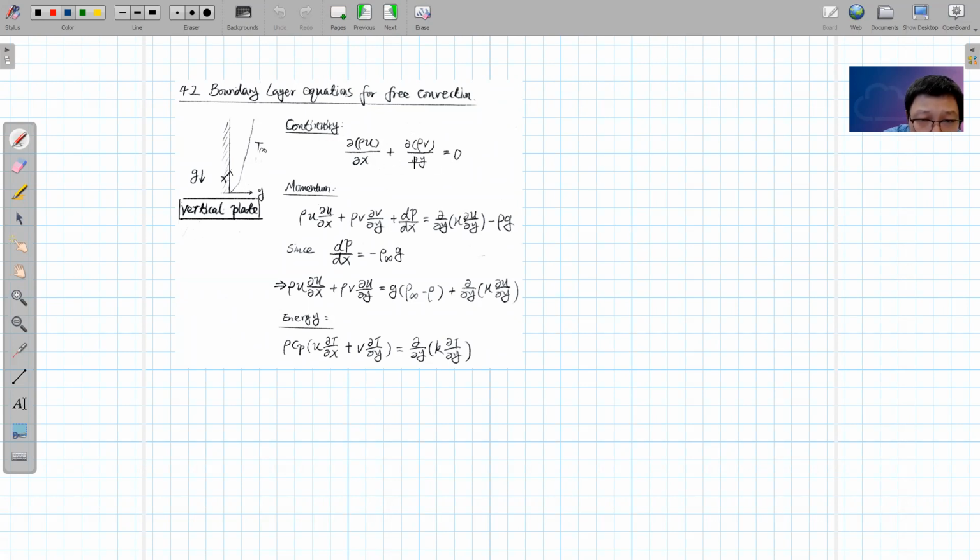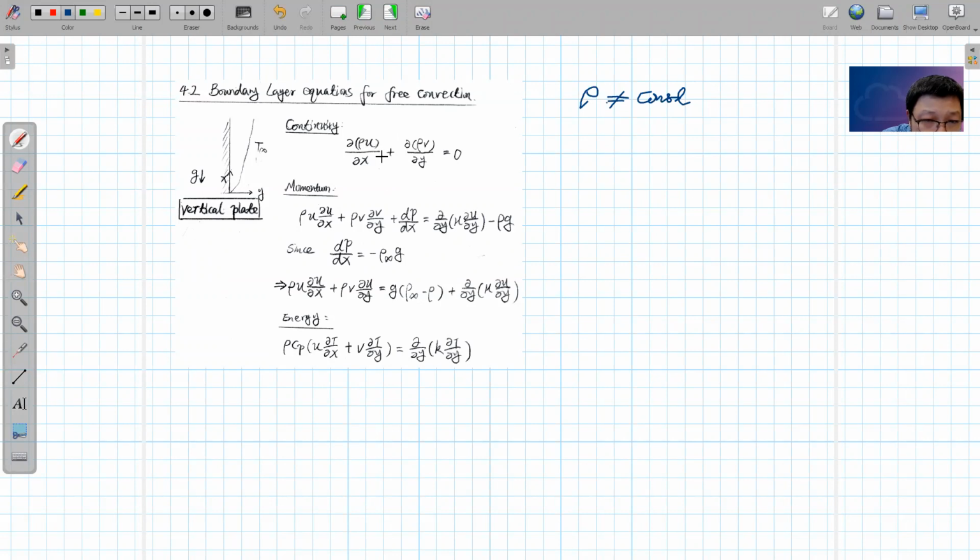This is the continuity equation, and you need to realize that the density is inside the differentiation operator. The reason is that rho is not constant in natural convection, so we cannot move rho outside and remove it directly.